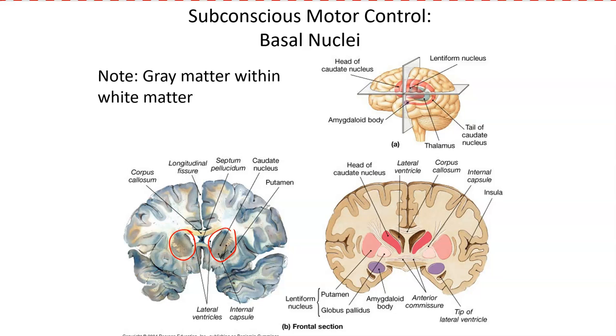For instance, if you don't have enough of the neurotransmitter dopamine, then you may develop a disease called Parkinson's or Huntington's disease. If you've ever seen someone walk with Parkinson's or Huntington's disease, you'll notice that their gait is somewhat off and perhaps their arms do not swing as they should. So this subconscious control is necessary for us to have an adequate level of dopamine.